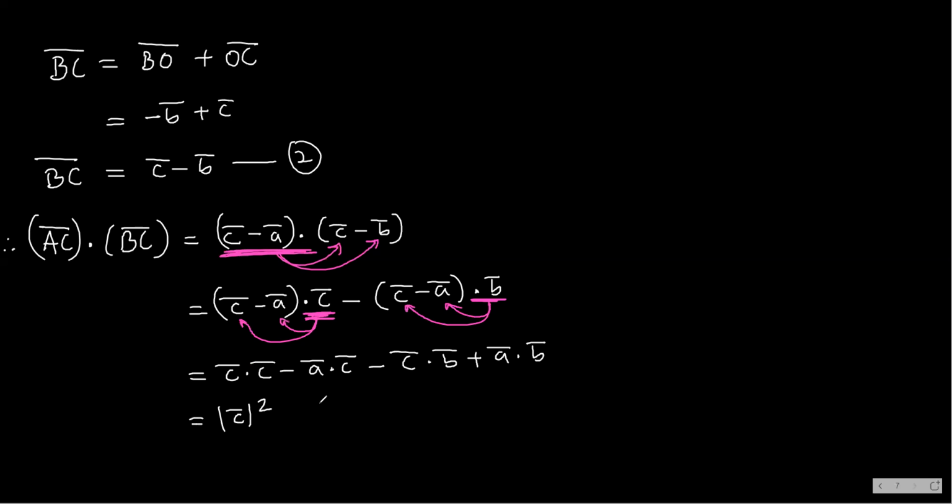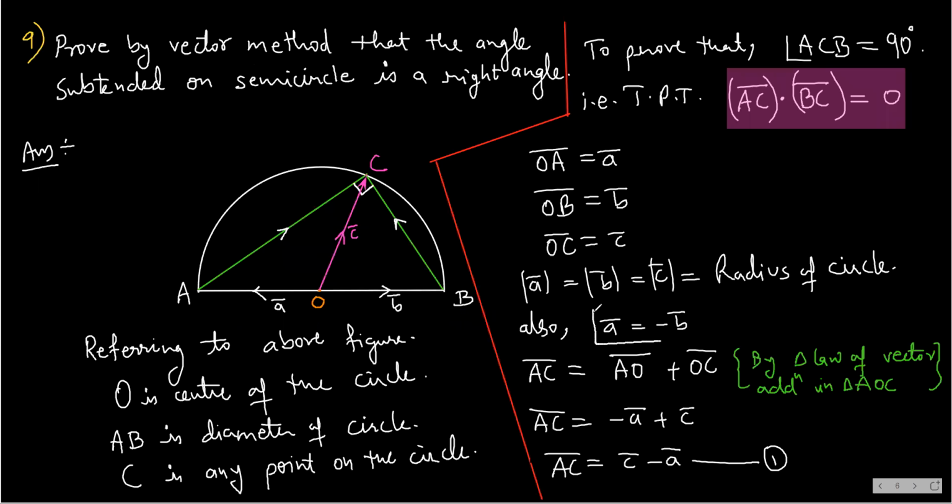and here I will write, students, look at this. We have already written here A bar equals to minus B bar. You see this? A bar is minus B bar from the diagram. So I will use it here.